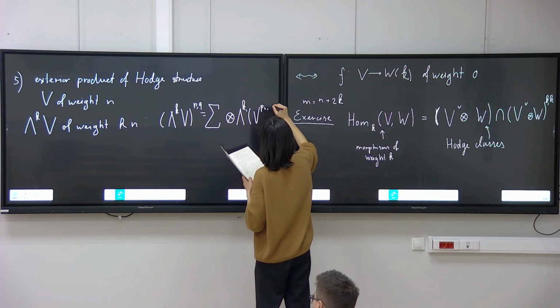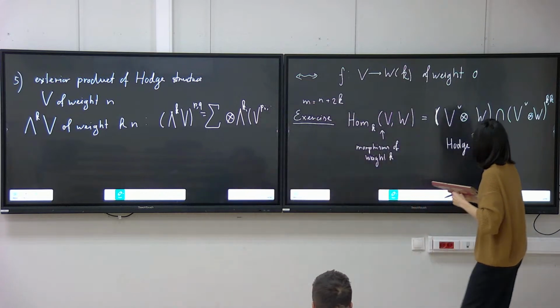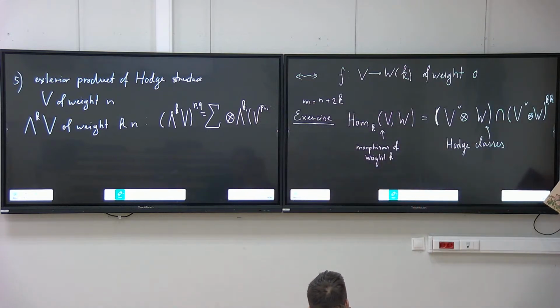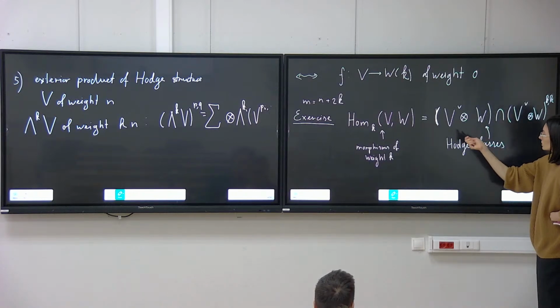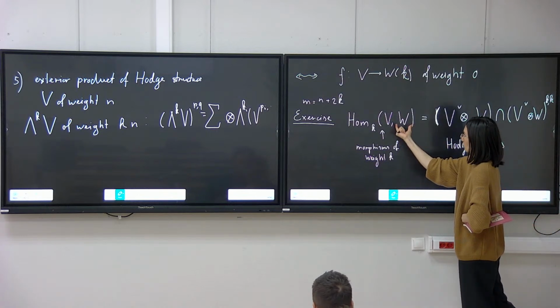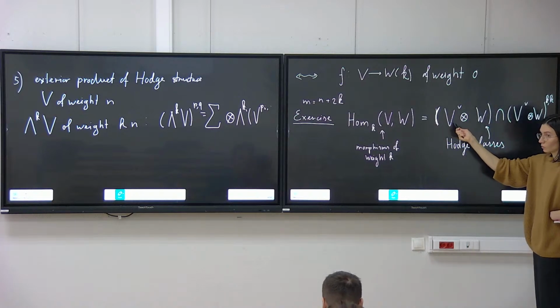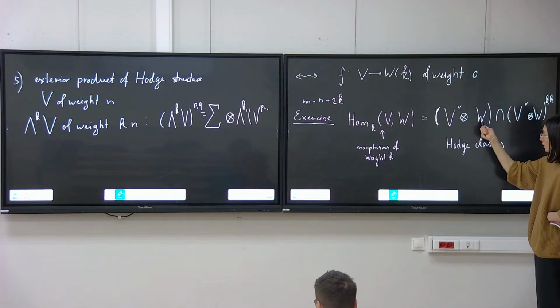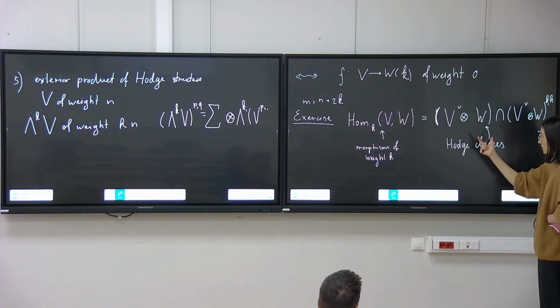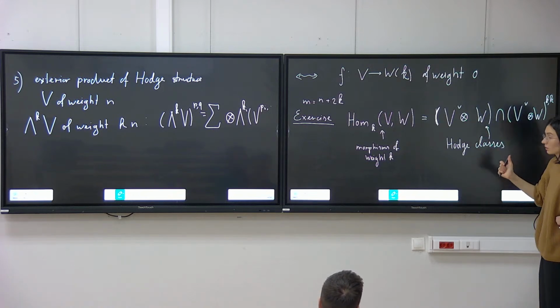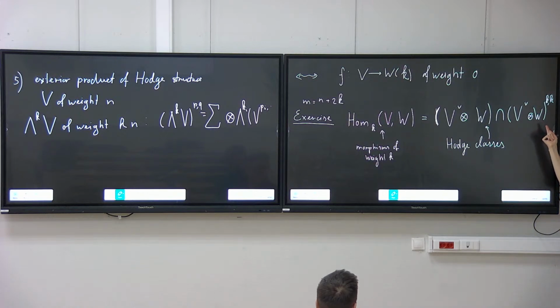Sorry, I don't understand the right hand side, why you want two copies of the dual tensor respectively. What? Two copies. Wait, this is a Hodge structure, right? So if we have two Hodge structures, we can define the dual Hodge structure and its tensor product, right? Its weight will be 2k, so we can consider Hodge classes in it.